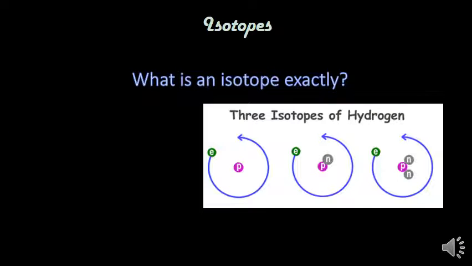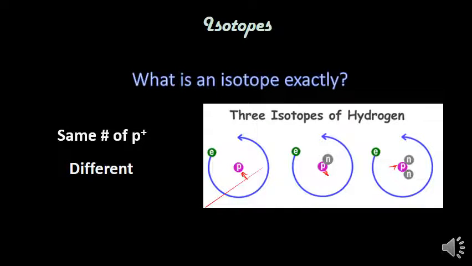So what is an isotope exactly? Well, let's take a look at hydrogen. These guys all have the same number of protons. Take a look. Three isotopes of hydrogen have 1 proton there, 1 proton there, and 1 proton there. But these guys have different numbers of neutrons.